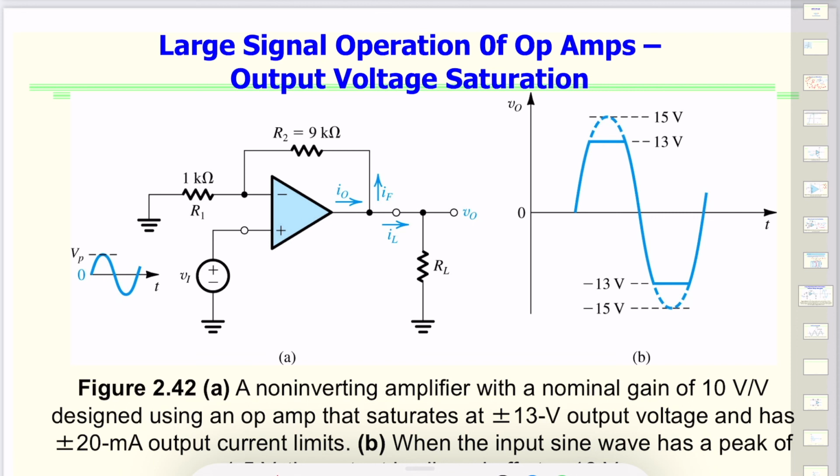It will give linear operation over a limited range of output voltages, between the L plus and L minus range, which is within 1 volt of the supply voltages VEE and VCC. For example, if these power supplies are plus minus 15 volts, our signal saturates at plus 13 and minus 13. So our rated output voltage is plus minus 13.